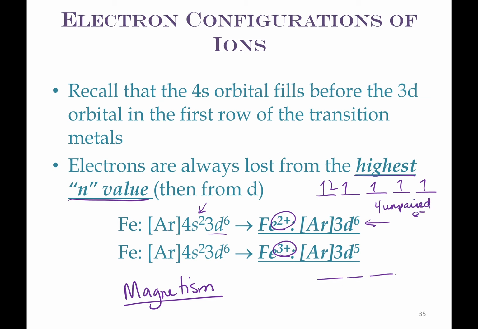Here we would have 1, 2, 3, 4, 5, and it would have 5 unpaired electrons in iron 3+ because it would have that other d electron missing. So it's going to change the magnetism of these elements.